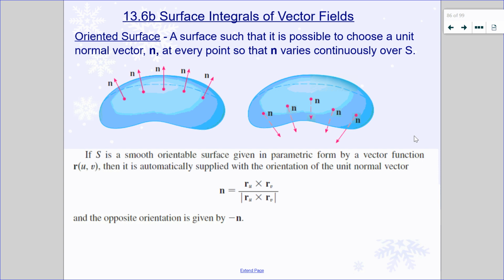The formula for finding all of these normals is given here: it's the cross product of the parameterization of the surface over the magnitude of that cross product, and that's what makes the normal a unit vector, because you divide by the magnitude of the cross product. If you're orienting it inward, you have negative orientation. It's just the opposite, because if it's the opposite of n, you're going into the surface instead of out of the surface.